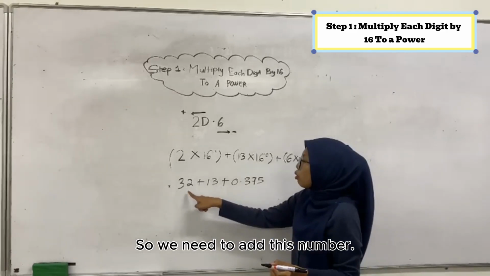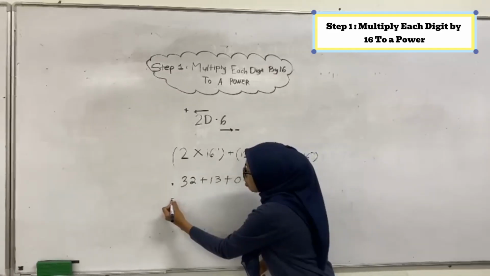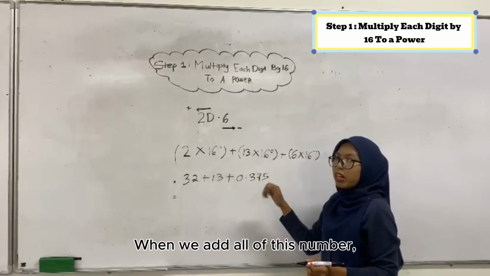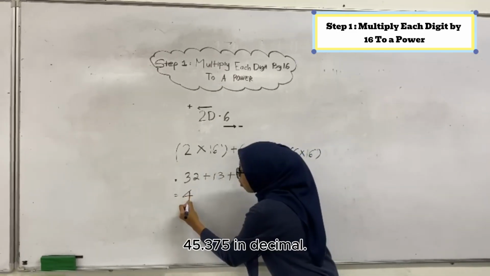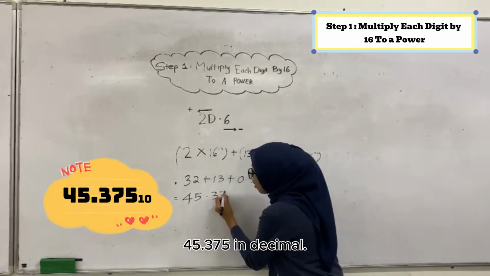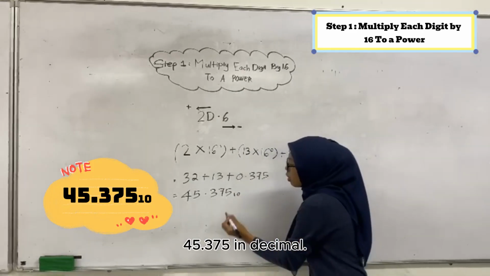So we need to add these numbers. When we add all of these numbers, we get the answer 45.375 in decimal.